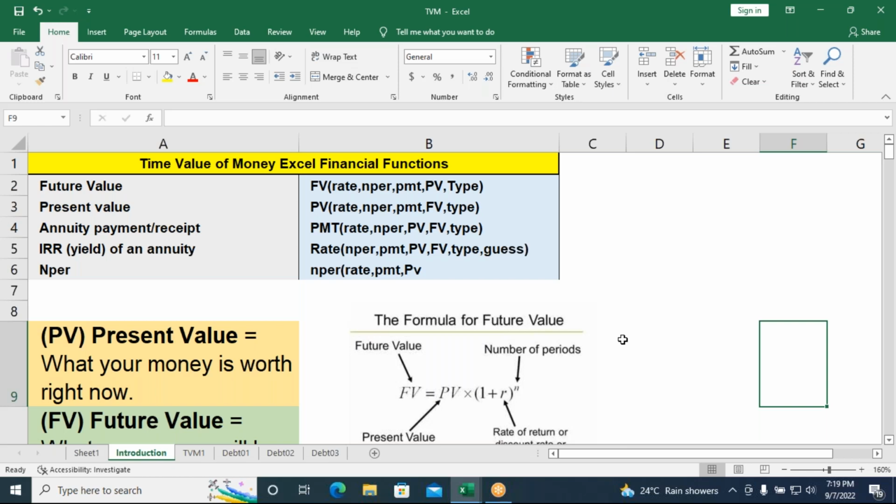Girls, hope you people are able to hear my voice. Girls, can anyone answer me what is time value of money? Nobody knows about it?